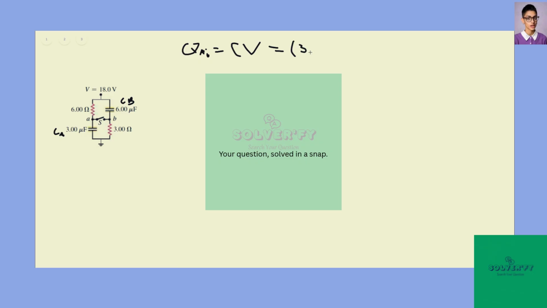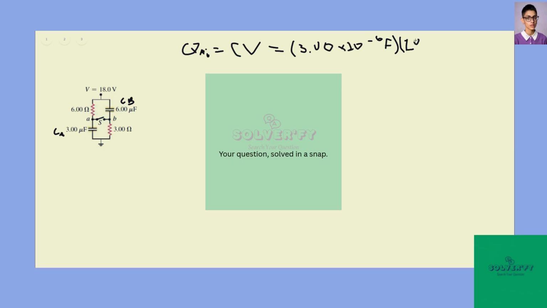So 3.00 times 10 to the minus 6 farads. Now, because the switch is open, the voltage across each capacitor is the same, because there's no current, so there's no voltage drop across the resistors. So it's 18 volts.